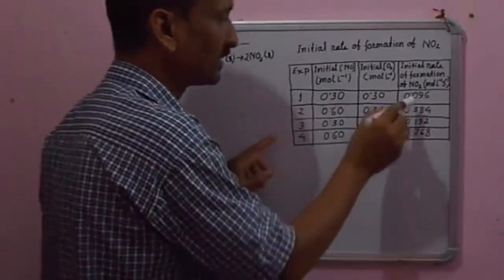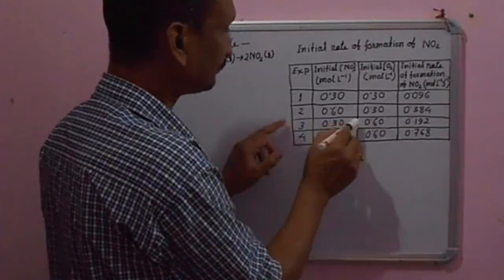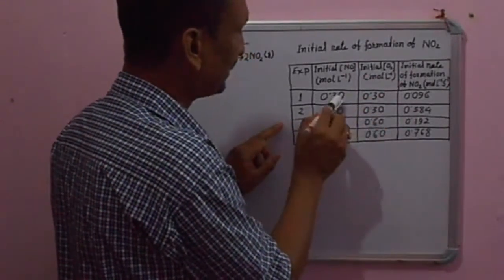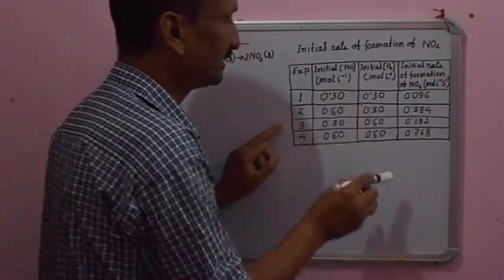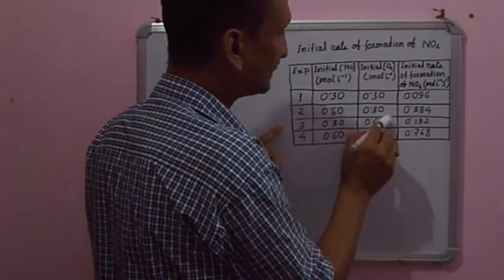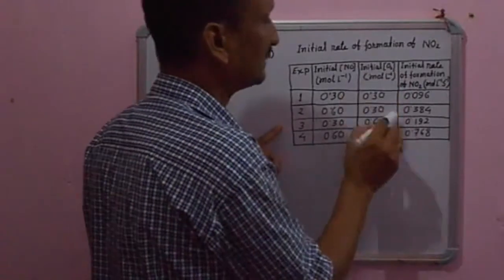That means the rate increases 2 times while we increase the concentration of oxygen 2 times, keeping the concentration of nitric oxide constant. That means here the rate varies linearly with the concentration of oxygen.